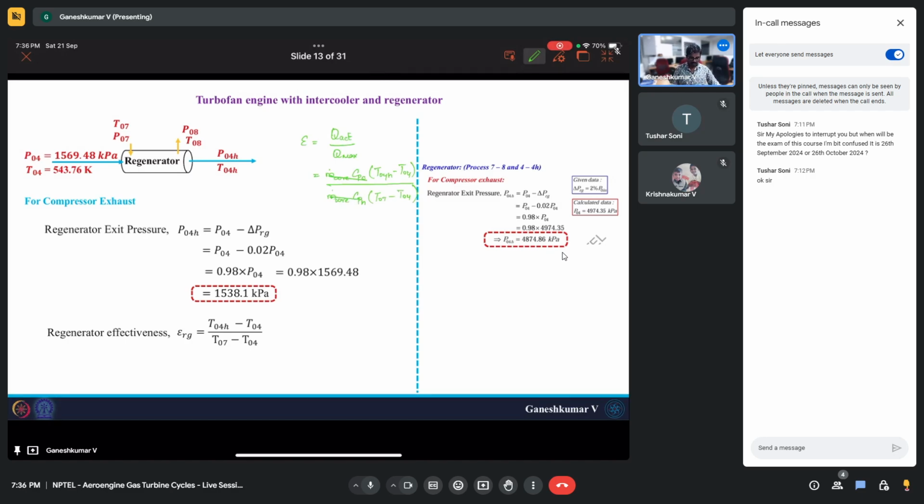So this is how you calculate the effectiveness of the regenerator, and this is the equation that we have here. So let's go forward. If you rearrange, we are interested in getting T04H.